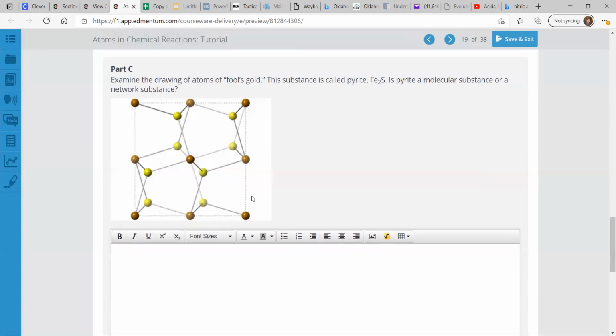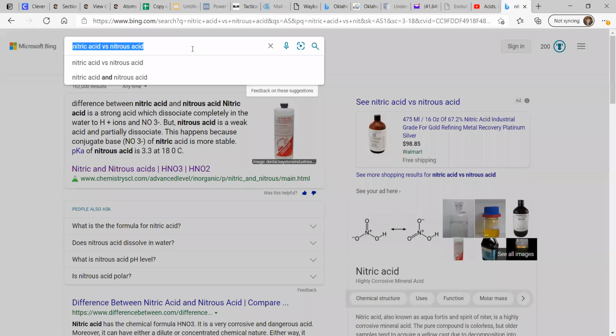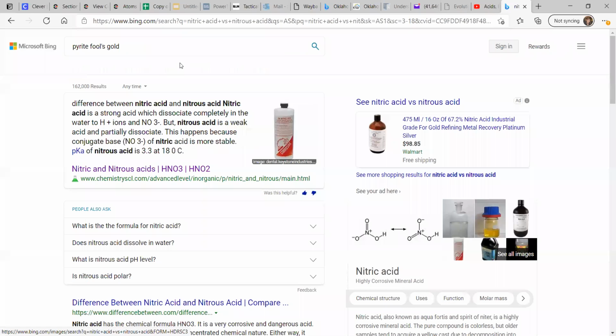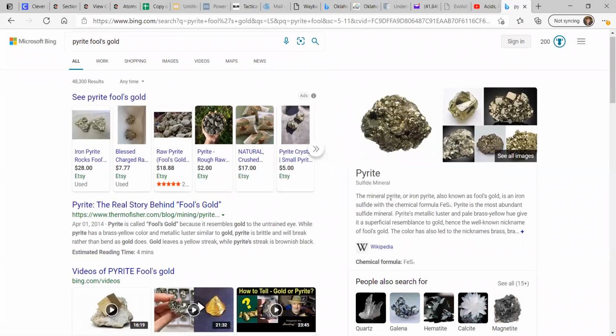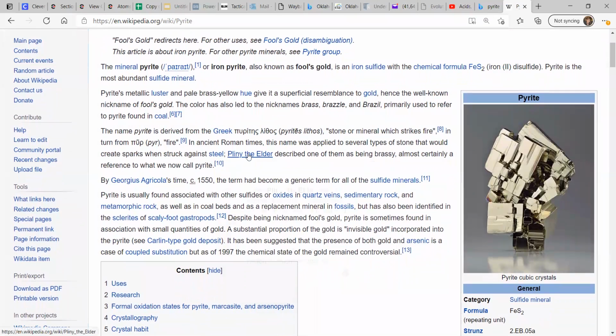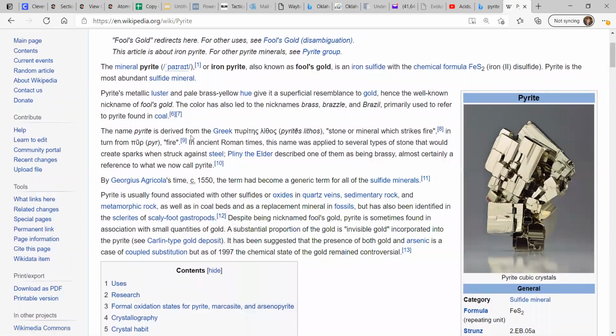Hopefully that makes sense. Examine the drawing of atoms of fool's gold. Fool's gold is pyrite. So it's a mineral. It's an iron sulfide with the chemical formula FeS2. And it's one of the most abundant sulfide minerals.